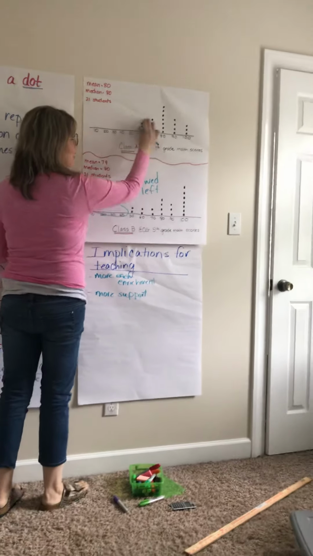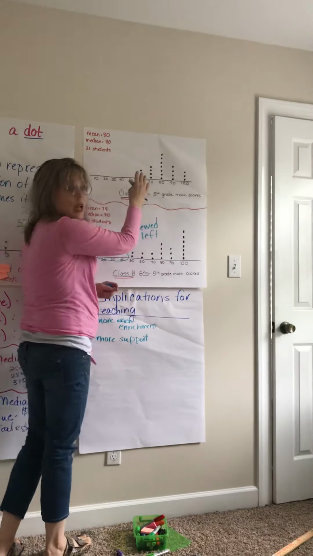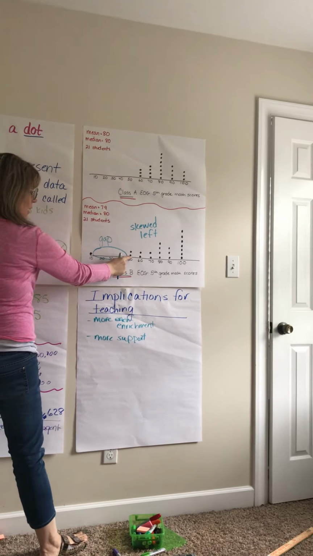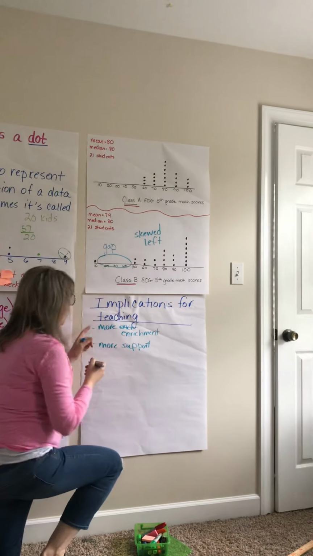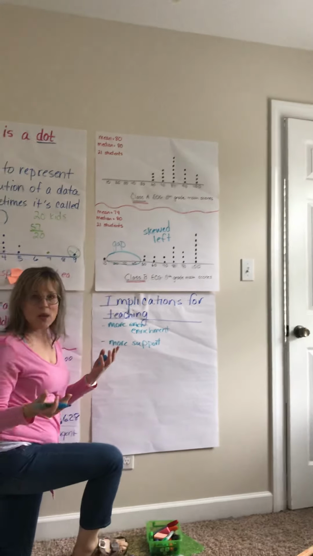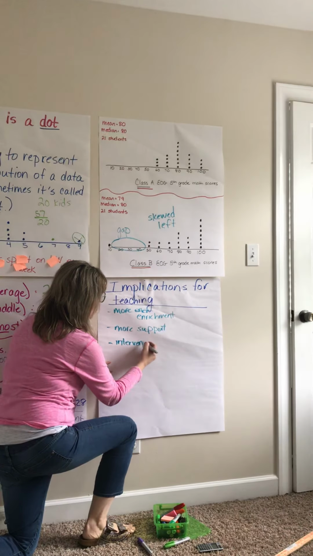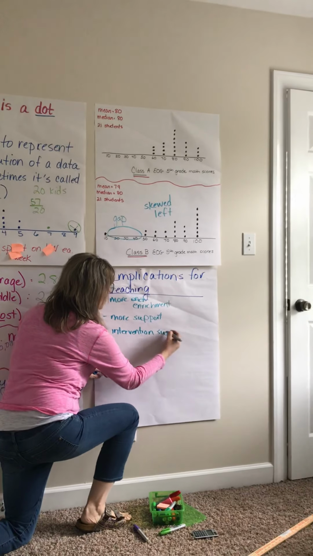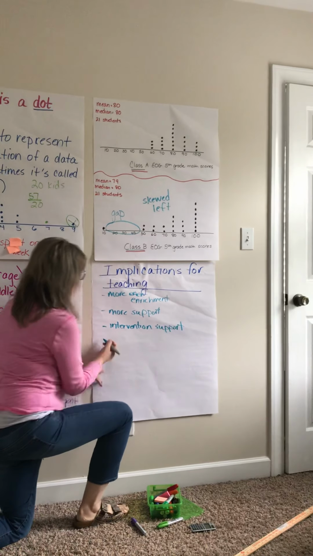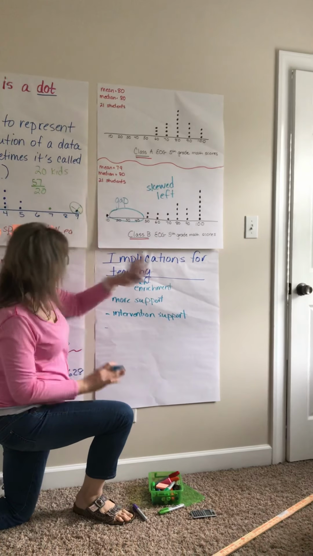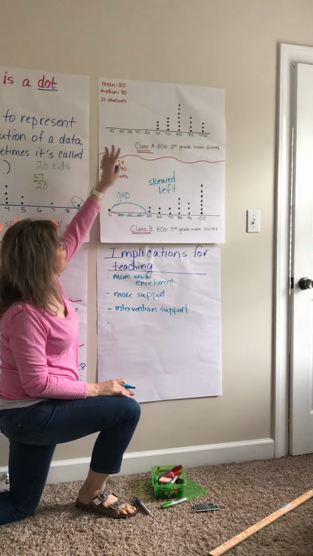These kids understand the content from 5th grade, whereas this kid certainly does not. These might need a little extra help as well. More support, more enrichment. I also might be asking for an intervention, and another teacher in the classroom for support. Intervention support. So these are some things I might need to do based on this data.